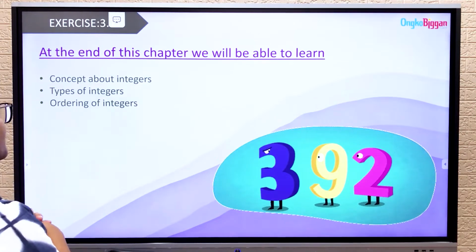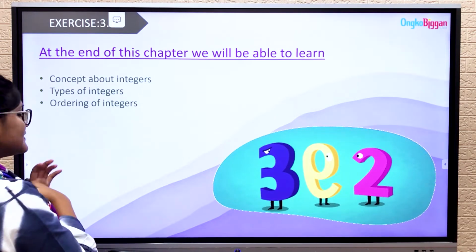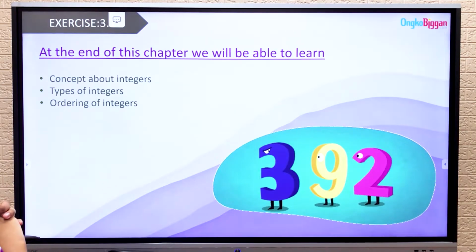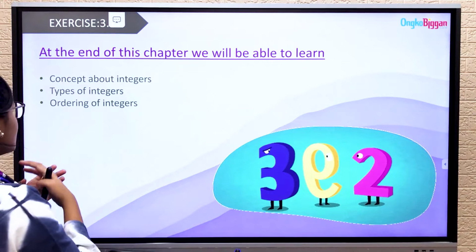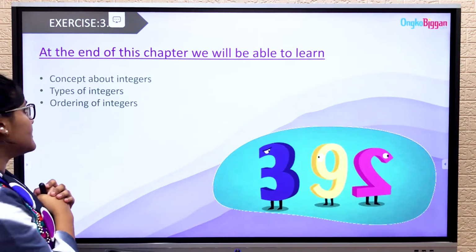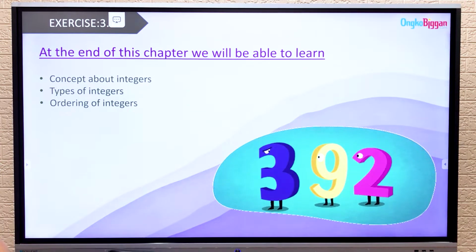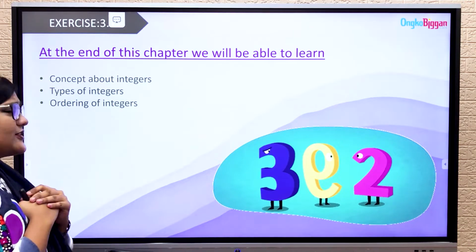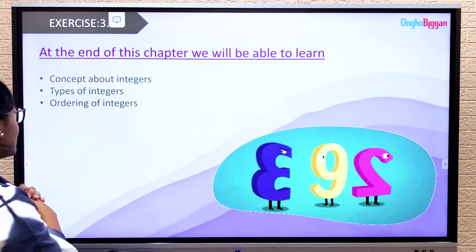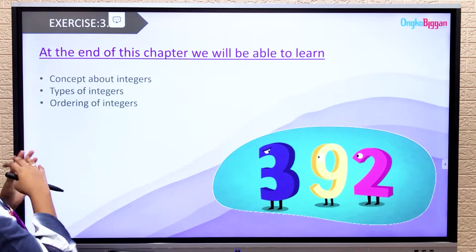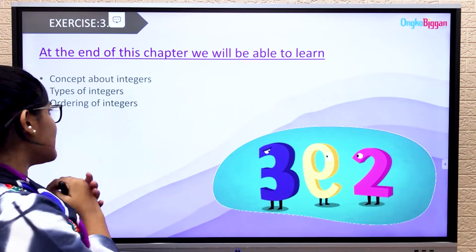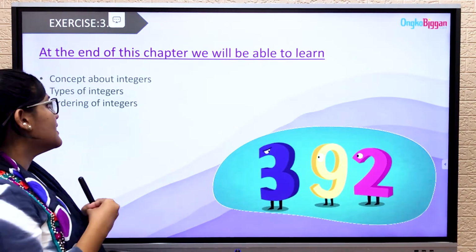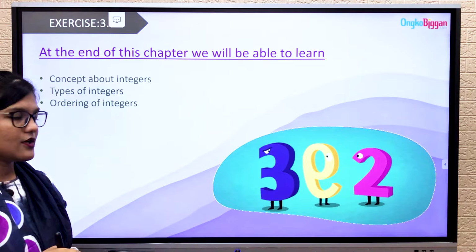Throughout this chapter we have 3 exercises. In 3.1 we will talk about integers, that means the basic concepts about integers, that is what actually an integer is, then types of integers and ordering of integers, that means the sequence by which we will arrange integers in increasing or decreasing order.